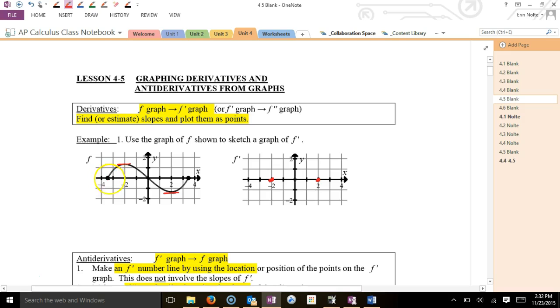This function is starting at about 3.5, and from here to the first spot, it has a positive slope. If you estimated the slope at this spot, I would say the slope would be almost +2, maybe just slightly less than +2.